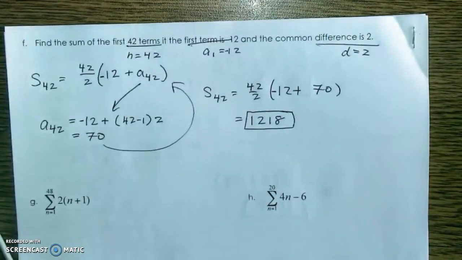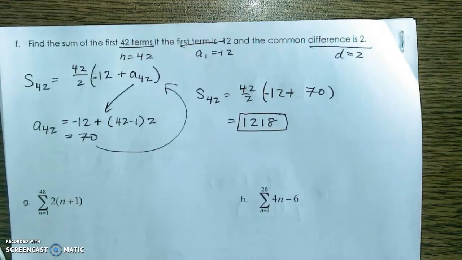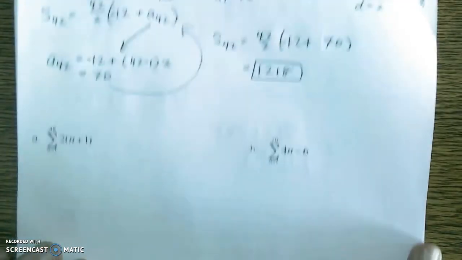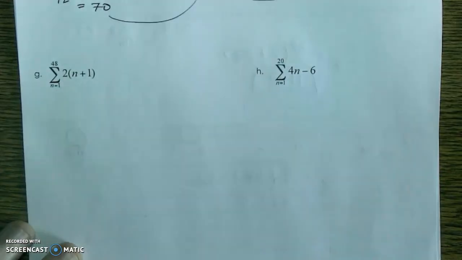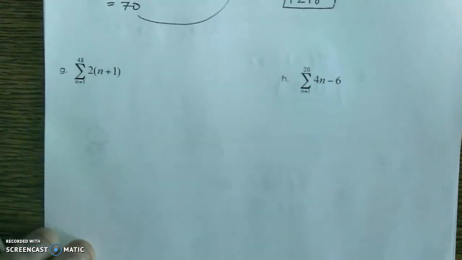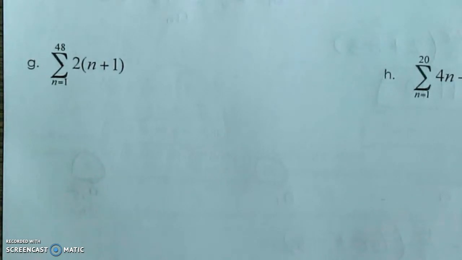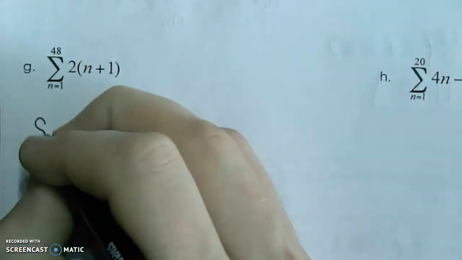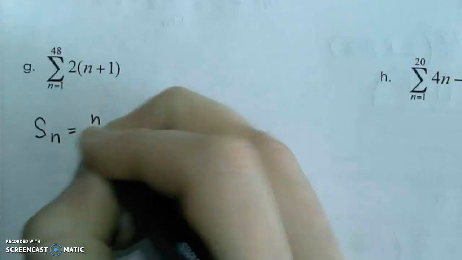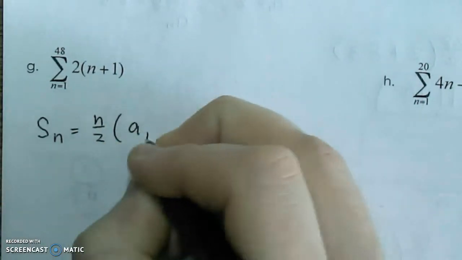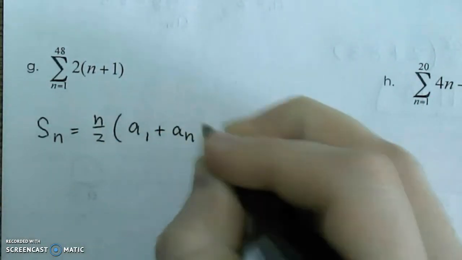Now, the next two are very similar to that, only they're written in sigma notation or summation notation, whichever way you want to say it. So for G, so let's kind of think about what we need here. We've got S sub n equals n over 2, A sub 1 plus A sub n.